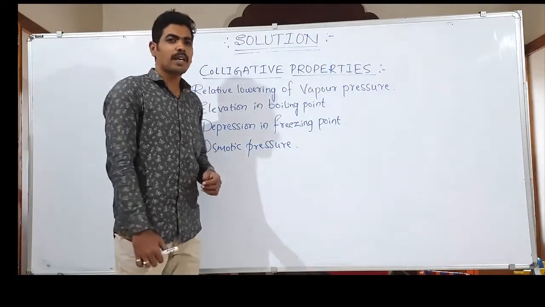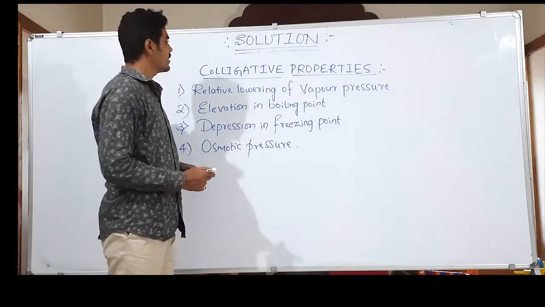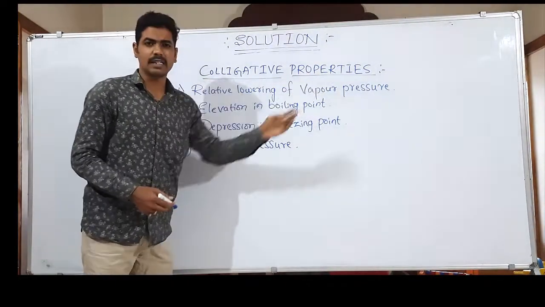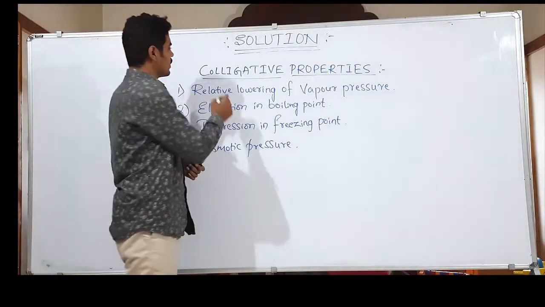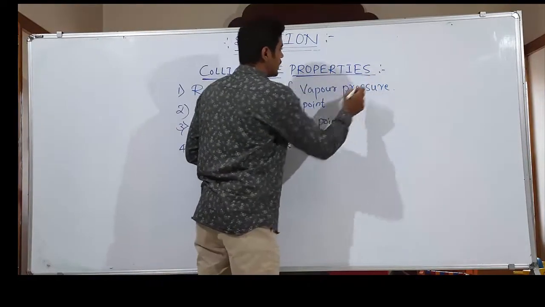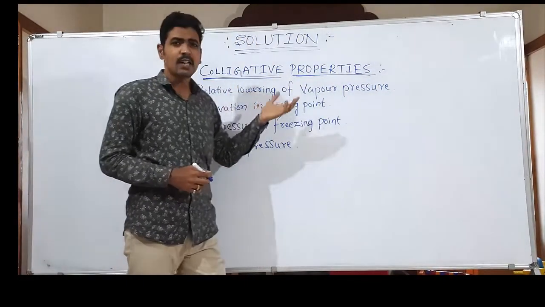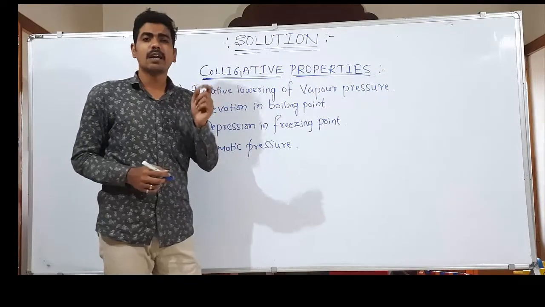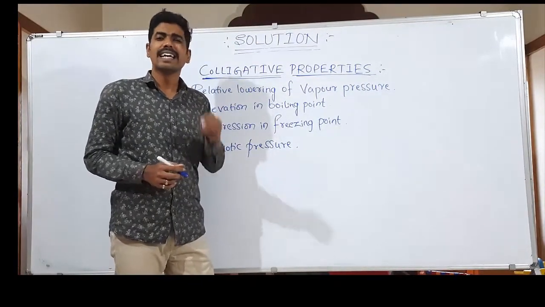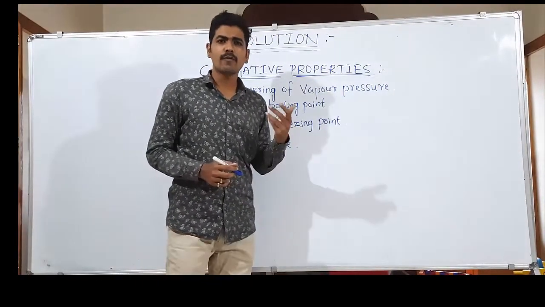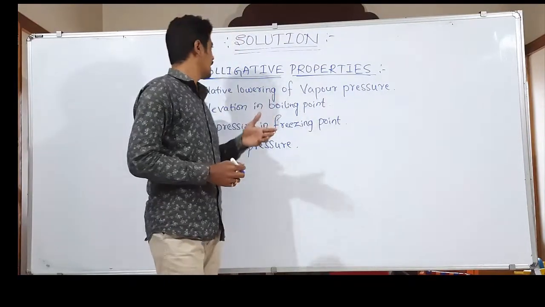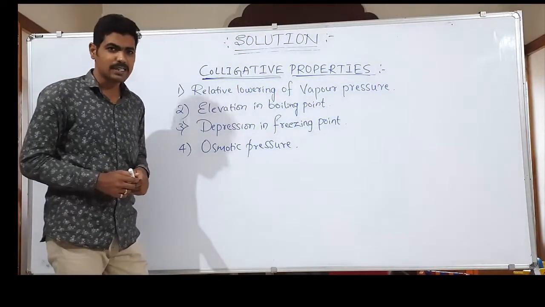Now the next topic in the solution is colligative properties. So what does colligative properties mean? The properties which mainly depend upon the number of solute particles irrespective of nature of solute and solvent are said to be colligative properties.